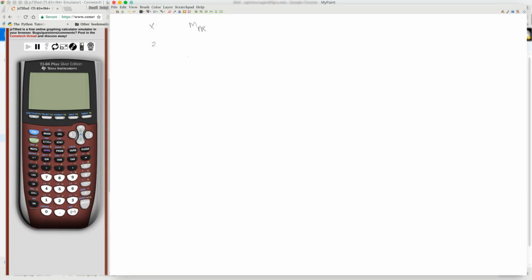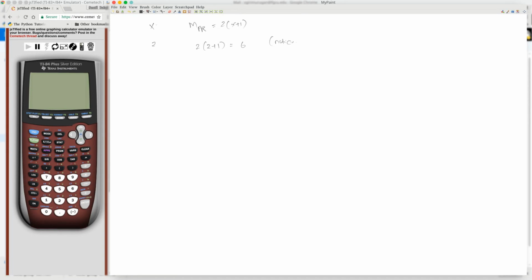Now, I know if I pick x as 2, the point is (2, 8), which corresponds to the point Q. So the slope in this case, since this is 2 times x plus 1, by plugging in I'll get 2 times 2 plus 1, which is 6.